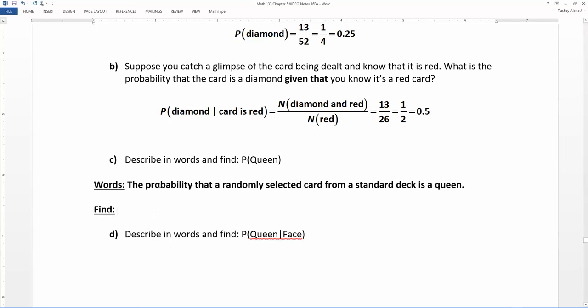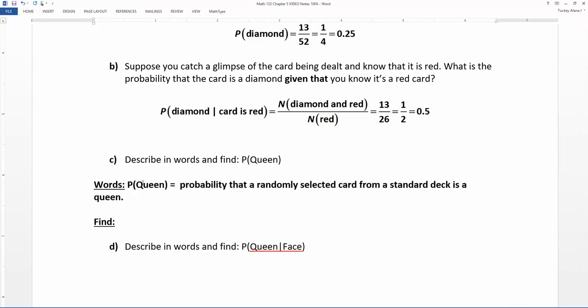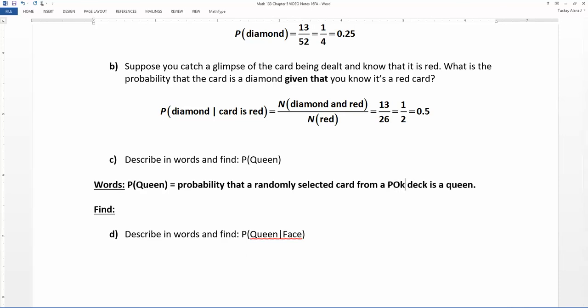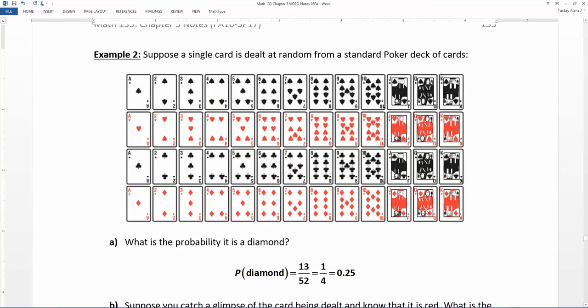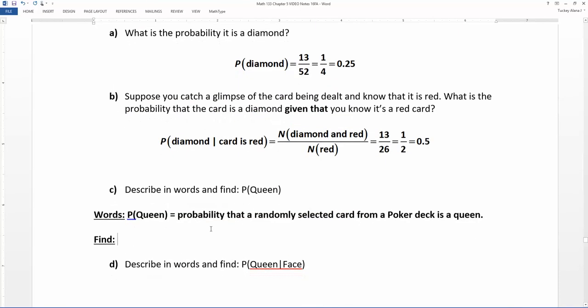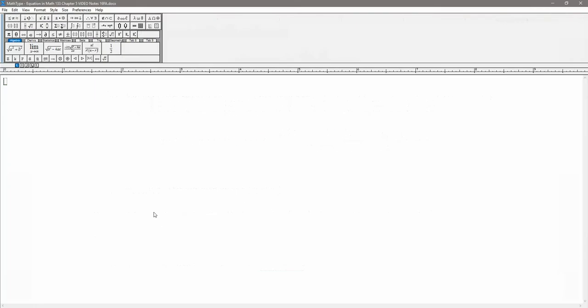P parentheses queen is the probability that a randomly selected card from a poker deck is a queen. All right, now we're going to find it. Well, it's not too hard to find because there are 4 queen cards, 4 Q cards in a standard deck. So it's just going to be 4 divided by 52.